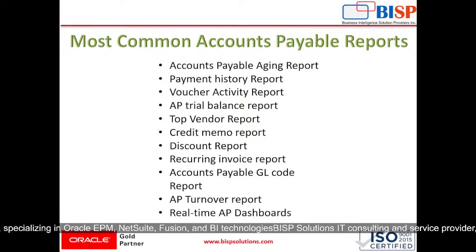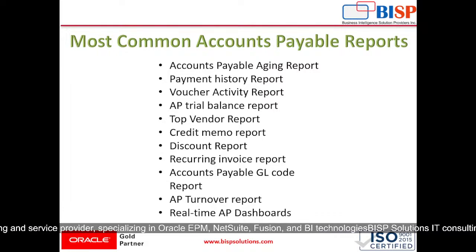Then the AP trial balance report, which is the accounts payable trial balance report. It summarizes the expenditures by date and may also group them by vendor or other category. At minimum this report should be run at the end of the accounting period, but many companies run it more frequently.